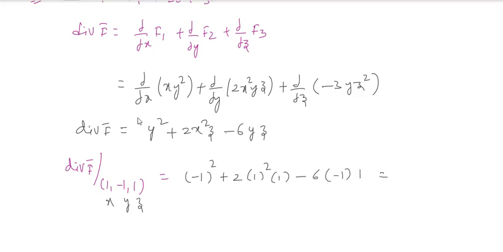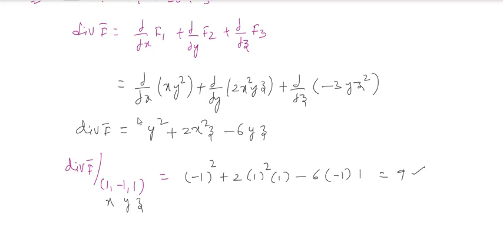So solve it: minus 1 square is 1, plus 2 is 3, plus 6, which is how much? Yeah, 9. Am I correct or not? So this is the divergence at the point 1 comma minus 1 comma 1.